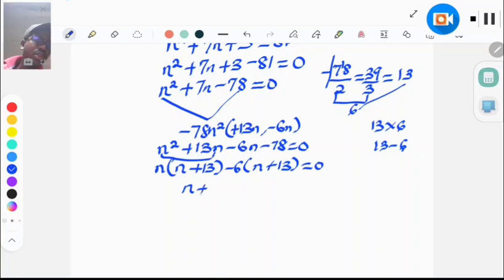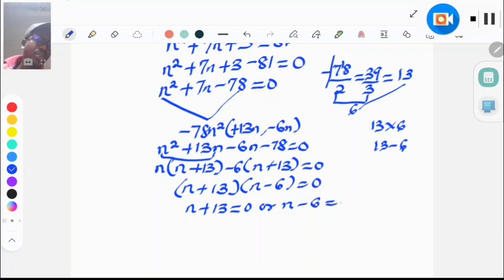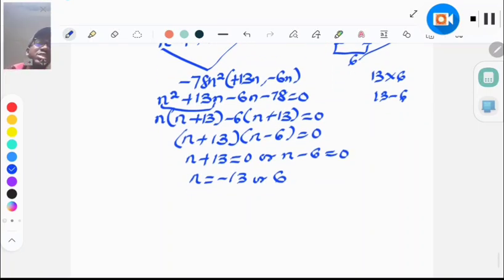So from here, I have n plus 13 times n minus 6 equals 0. So we have n plus 13 equals 0, or n minus 6 equals 0. So from here, n equals negative 13, or n equals 6. But because we are dealing with bases, we don't have negative bases, so we can say n is equal to 6.